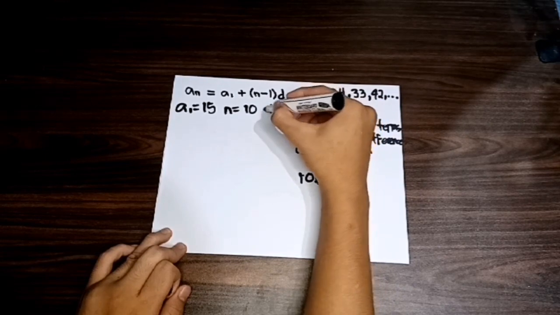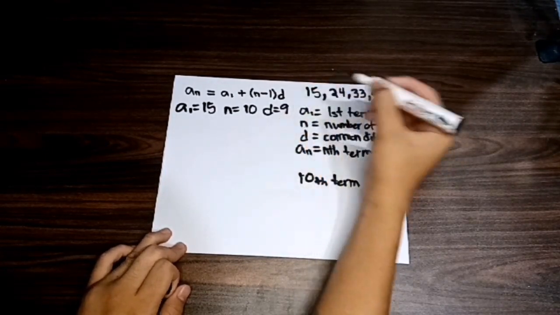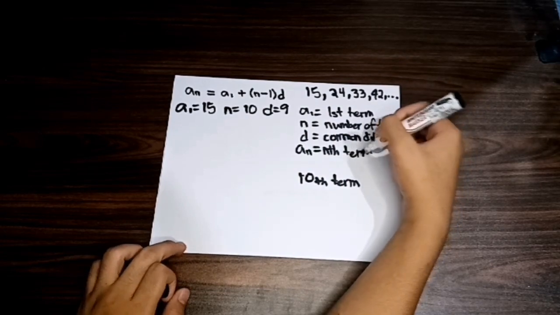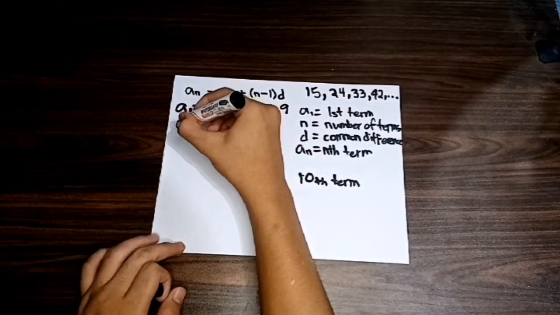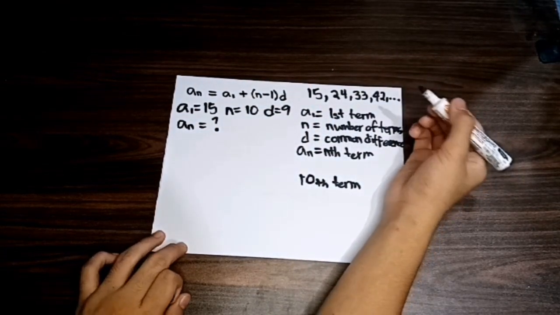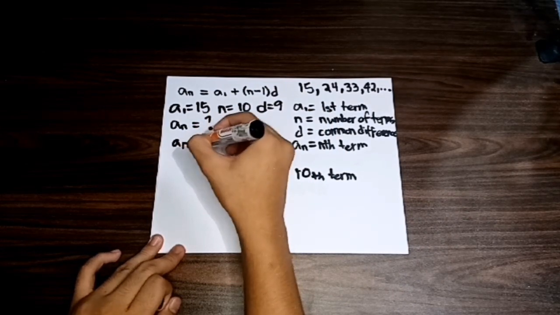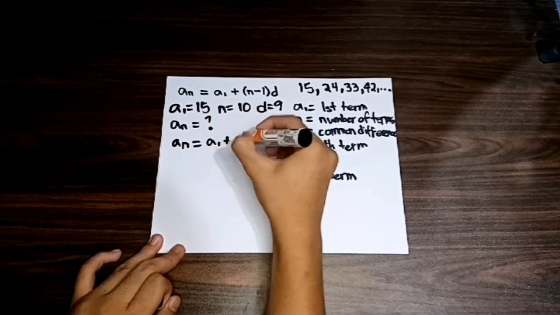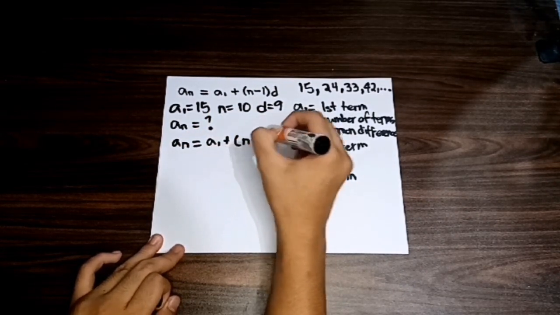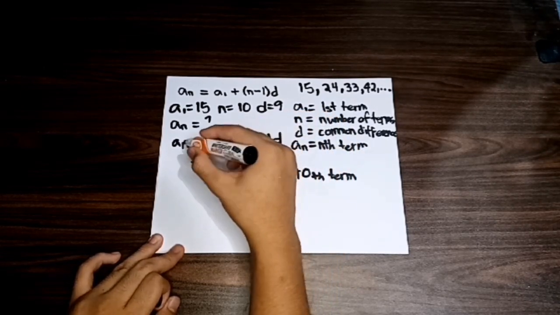So 24 minus 15 is equivalent to 9. And the nth term is unknown. To find it, substitute a sub 1, the number of terms, and the common difference.